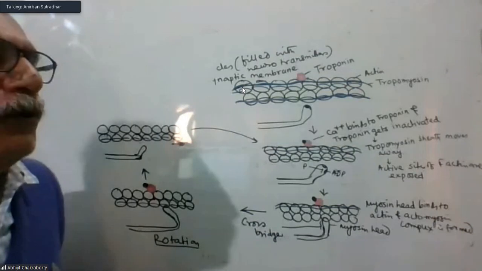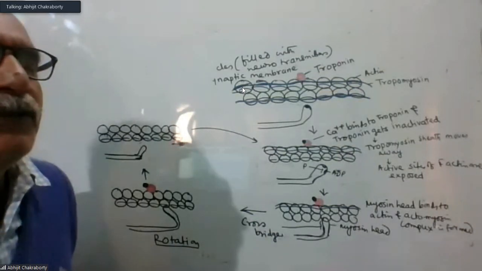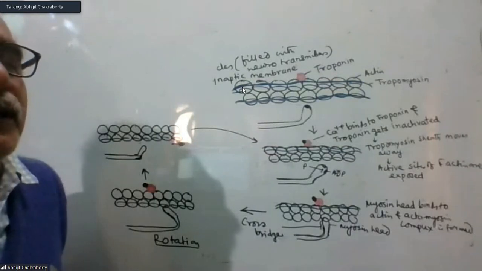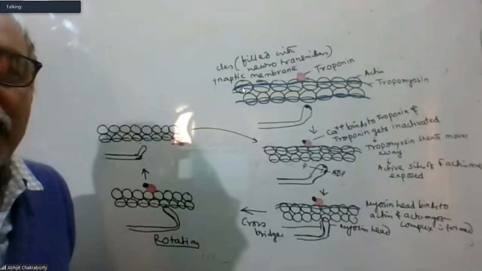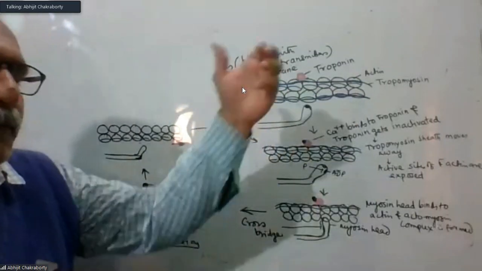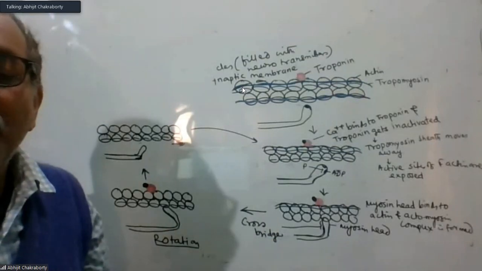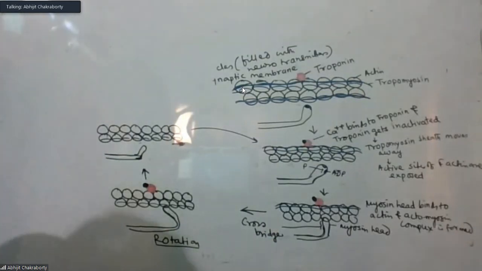Yes, sir. So if ATP is not available, and it is to return to original position, it has to bring the actin along with it. And as it is pulling the actin in this way, this is the cause of rotation. Clear? Okay, sir.